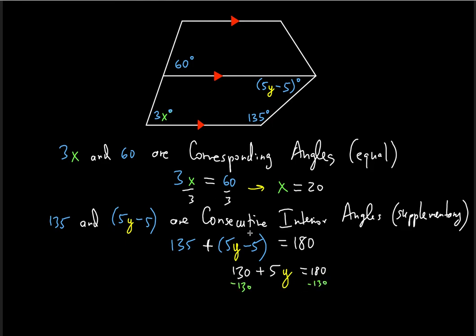You do that properly, your 5y will be equal to 50. If 5y is equal to 50, dividing both sides by 5 should yield you the y value. So the y value is going to be 10 degrees. 50 divided by 5 is 10.